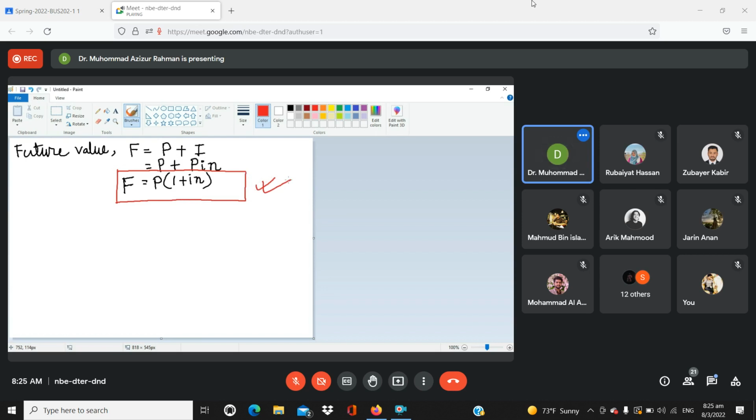So you start with your principal amount, then you use interest rate, and you use the duration, that how long. Then at the end of the duration, you can calculate what should be the future value by using this formula. So now let's do one problem.